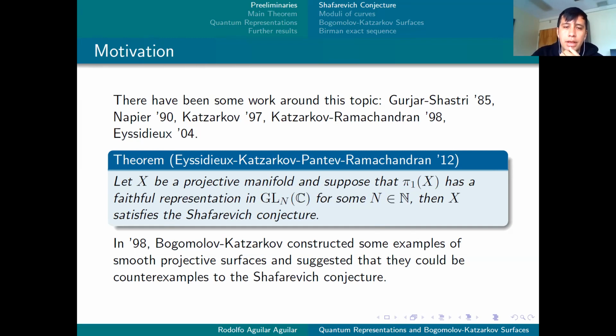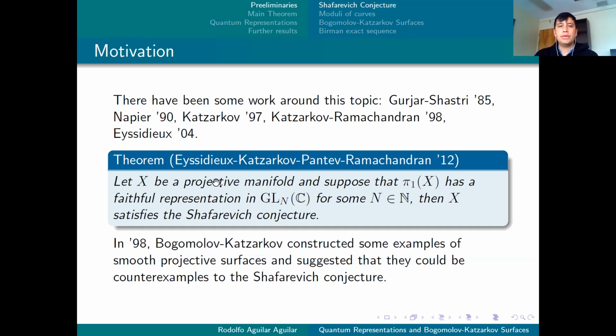These surfaces were related to a group that is like a Burnside type group, and it relied on a conjecture of Selmanov that they are not residually finite. So everything was conjectural here.